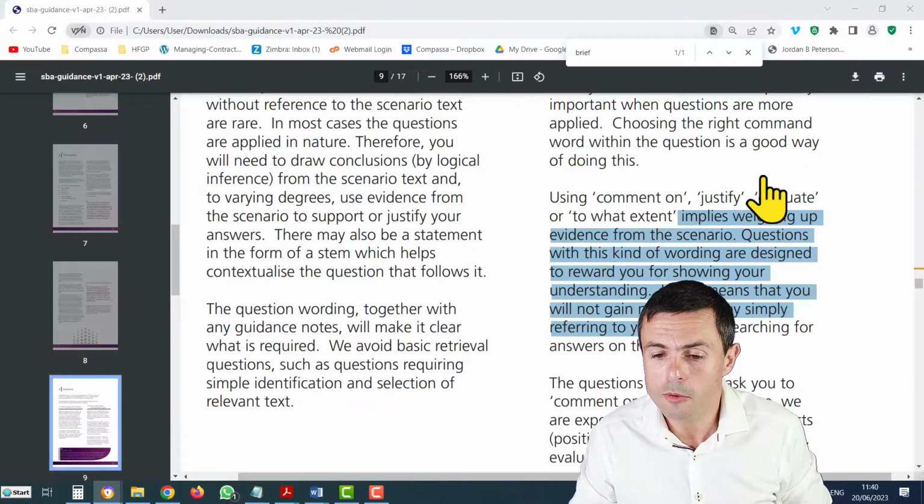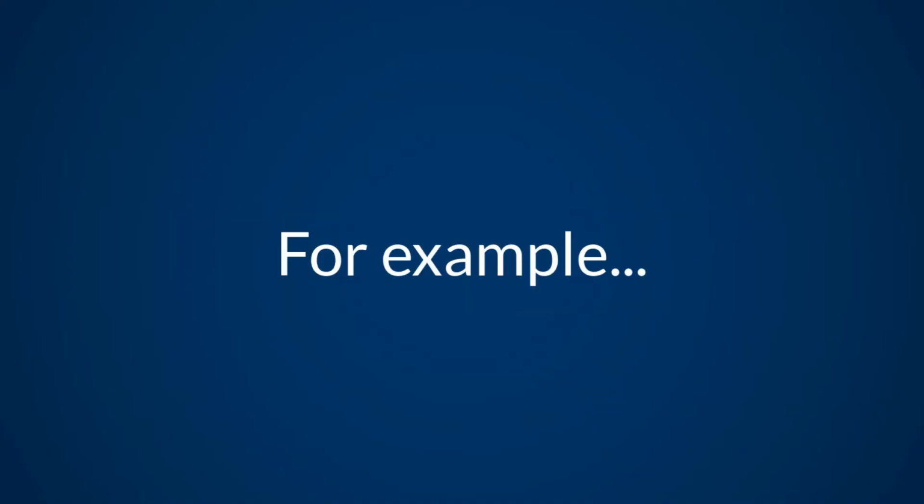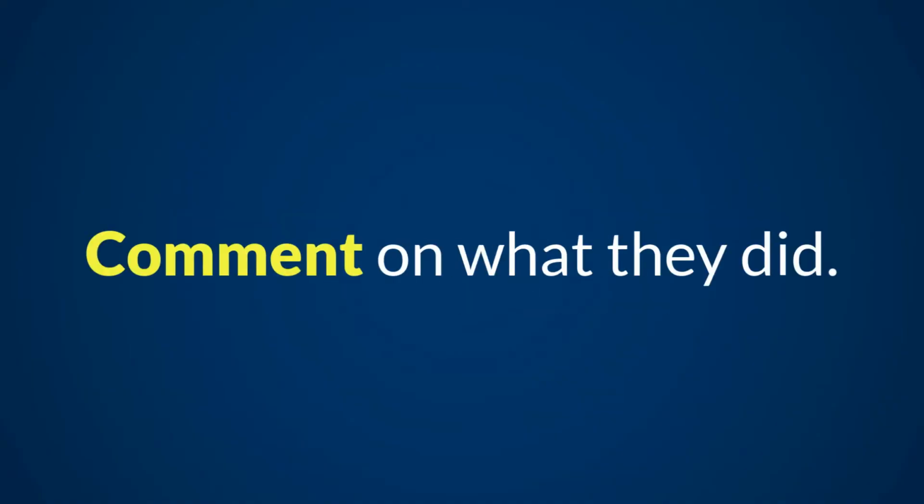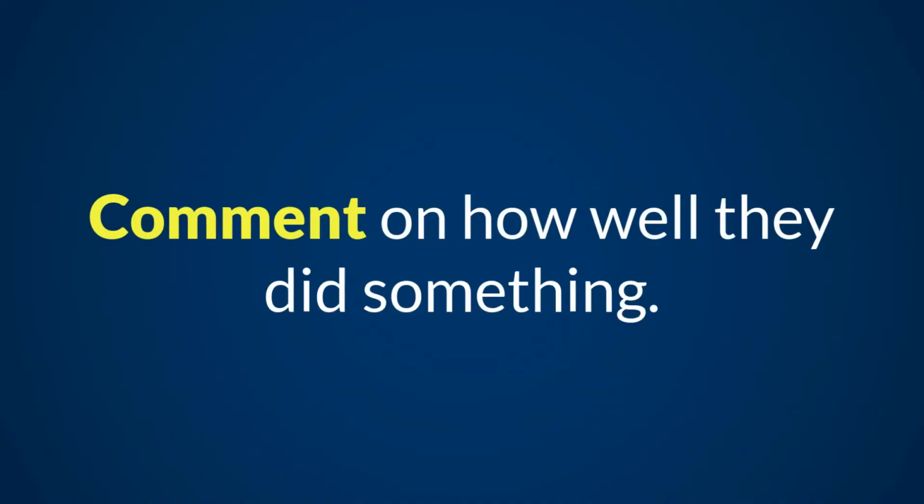Now, comment type questions, to what extent, imply you're going to make a comment, and that comment means you're going to say what's good and what's bad. So comment on what they did, comment on how well they did something, comment on how good the risk assessment was. If you read your course materials, you'll know what a good risk assessment looks like. If you've studied, you'll know what good looks like. So did they do that? What parts of it did they do which were good? And say that.